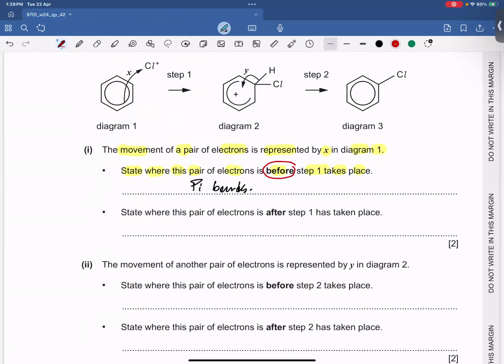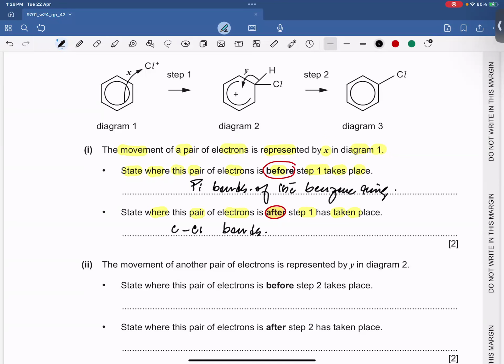Now state where this pair of electrons is after step 1 has taken place. After, technically, in the carbon and chlorine bond. Before, you can write it as the pi bond of the benzene ring, and after that reaction, it will exist in the carbon-chlorine bond.